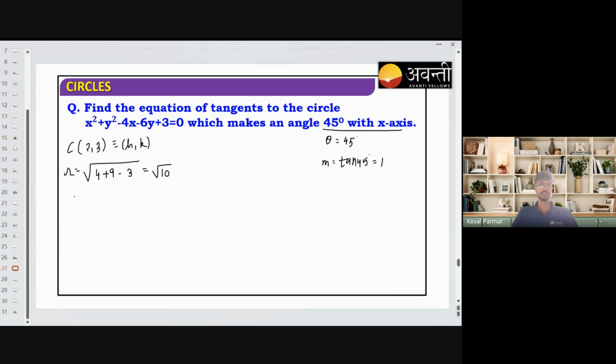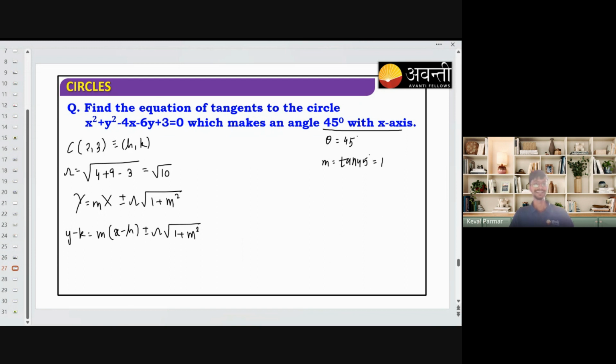The original equation would look like y is equals to mx plus or minus r under root of 1 plus m square. What will be capital Y? Y minus k is equals to m x minus h plus minus r under root of 1 plus m square.